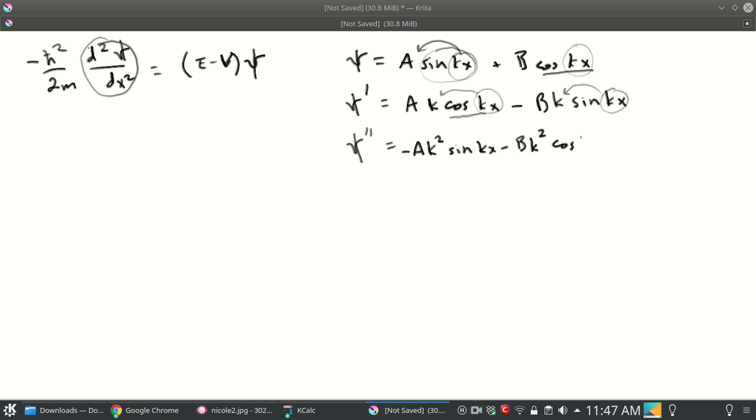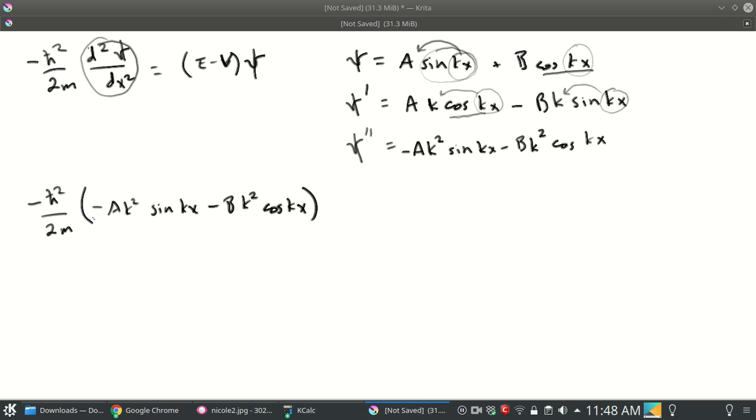So I got a cosine over here. That is the second derivative with respect to x. So I'm going to just plug that in there. So minus h bar squared over 2m times minus ak squared sine kx minus bk squared cosine kx.